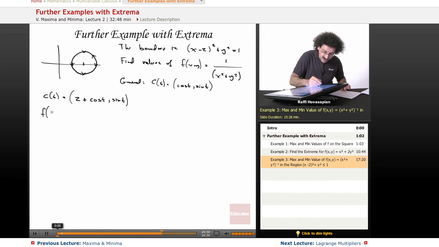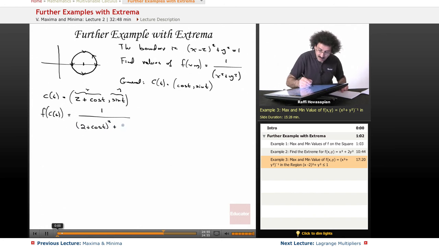So f of c of t is going to be 1 over x squared. Well, x is this, that's x, that's y. So it's going to be 2 plus the cosine of t squared plus sine of t squared.